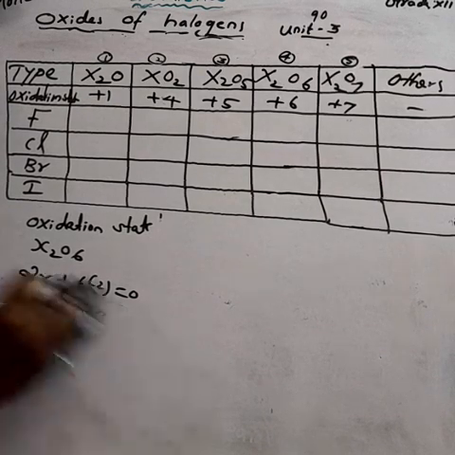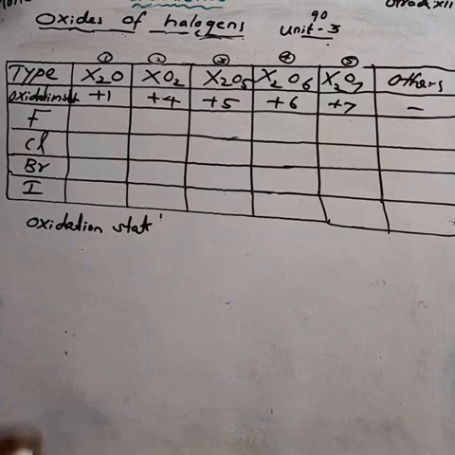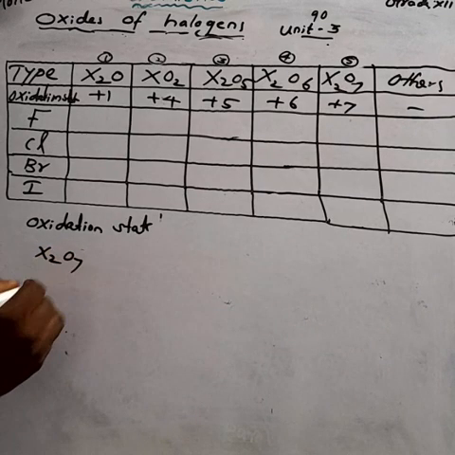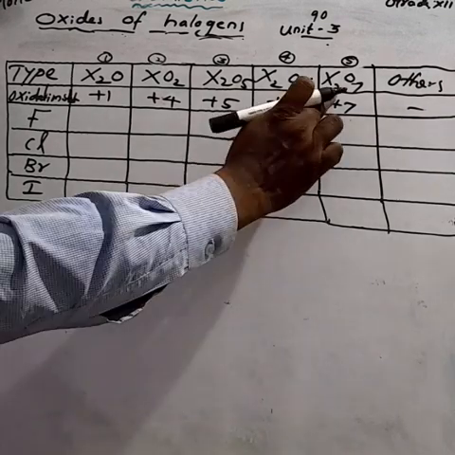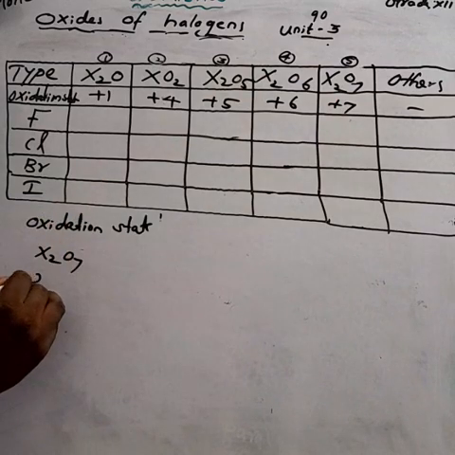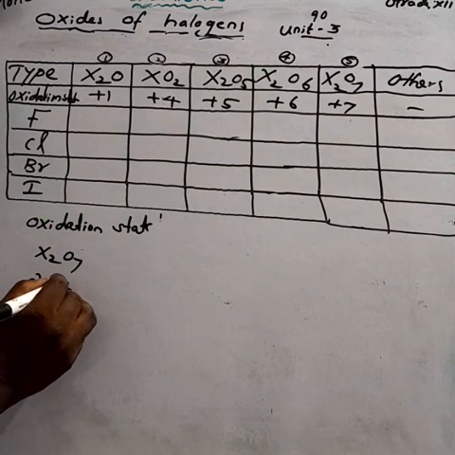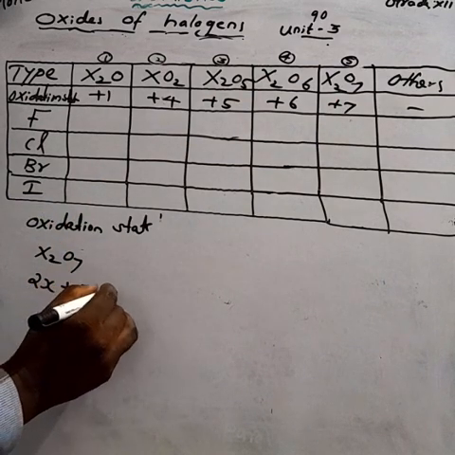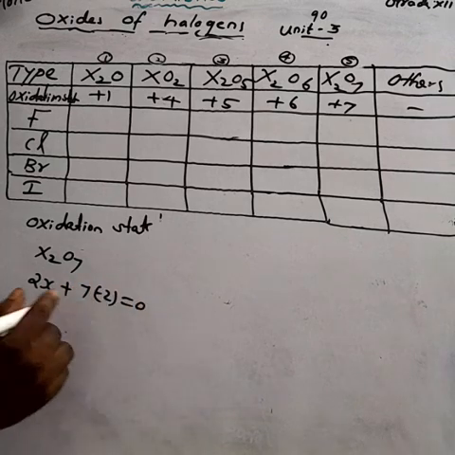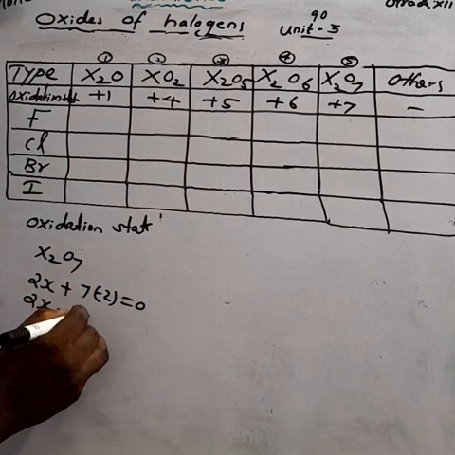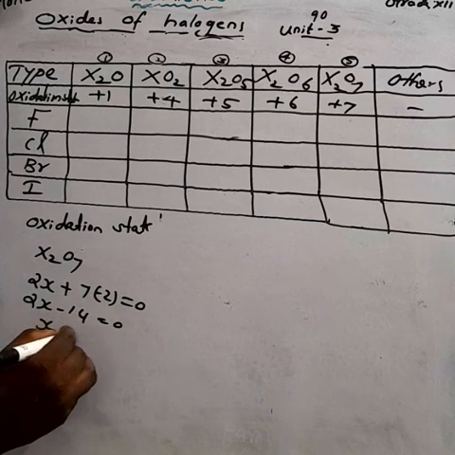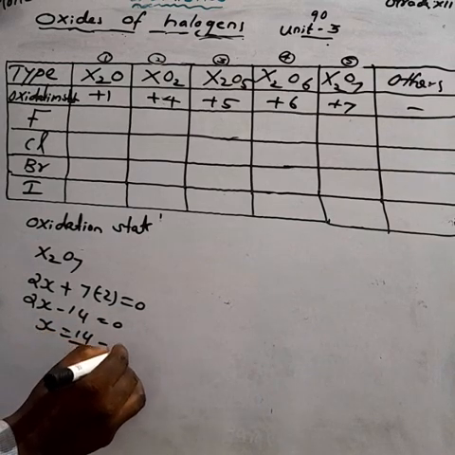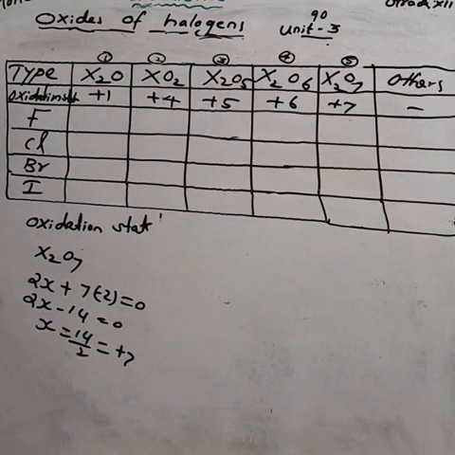Next the compound is X2O7. Here there are 2 halogens, so 2x plus 7 into minus 2 equal to 0. 2x minus 14 equal to 0. X is equal to 14 by 2. X is equal to plus 7 oxidation state.